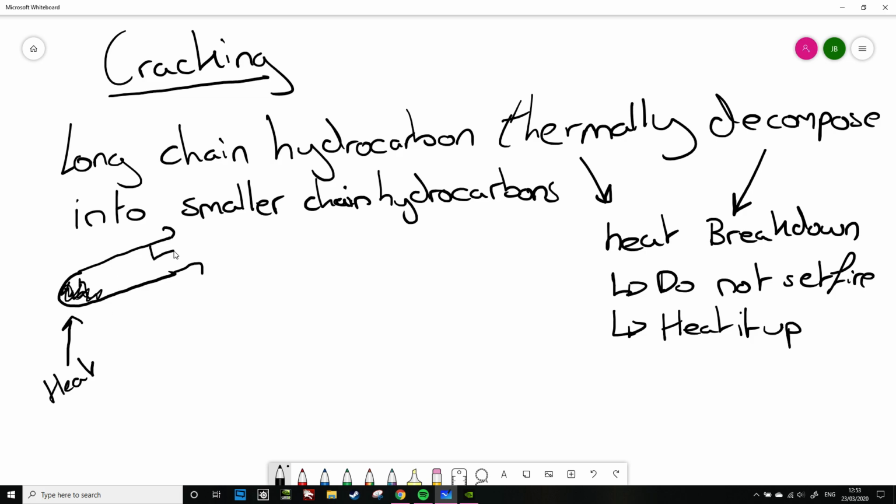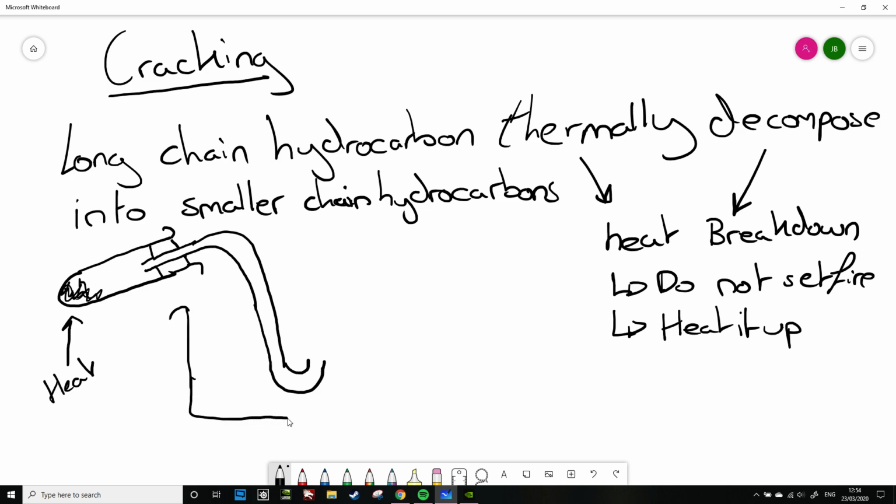And we'll have a bung in the top. With the bung, we'll have a tube running through. Now this tube will go down into some water, and we use this in what we call a water bath, and this will cool it down because it's going to be very hot as it leaves the test tube. So we're going to cool it right down in a water bath.